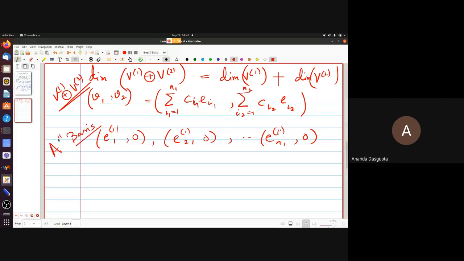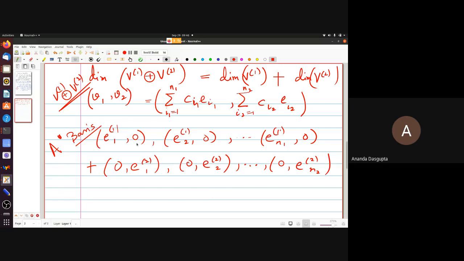This is of course a basis, it's not the basis, because as you all know, there are infinitely many different ways of choosing a basis. But this is a perfectly good basis choice. Then 0, E2 1, up to 0, E2 N2.